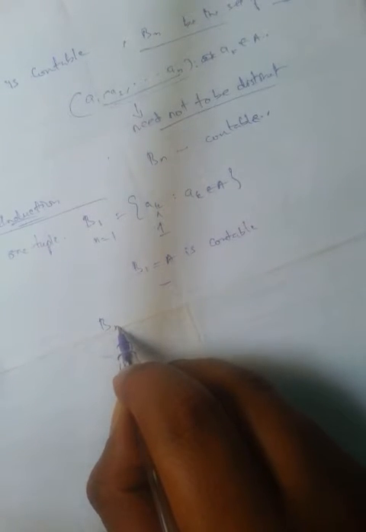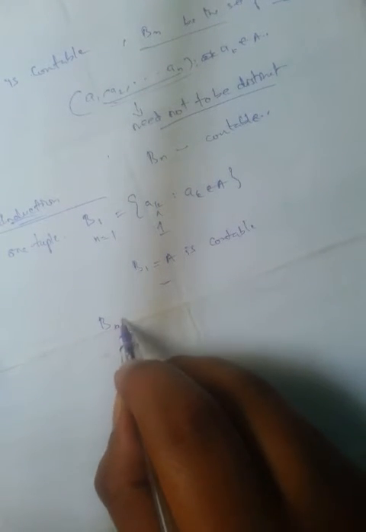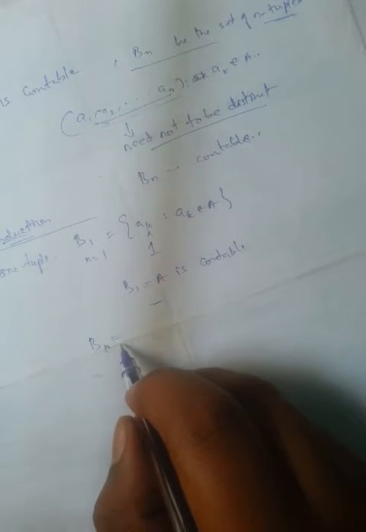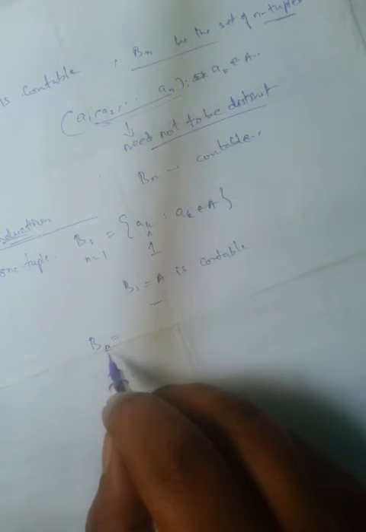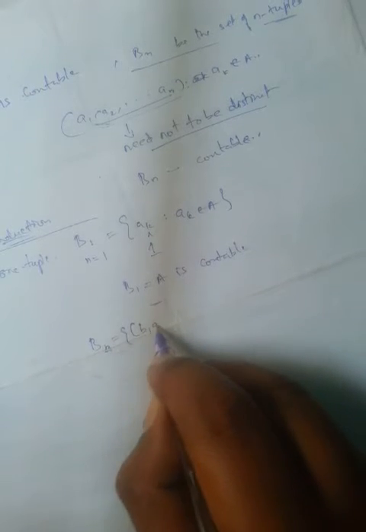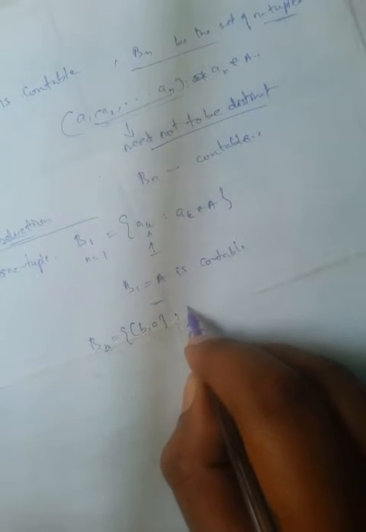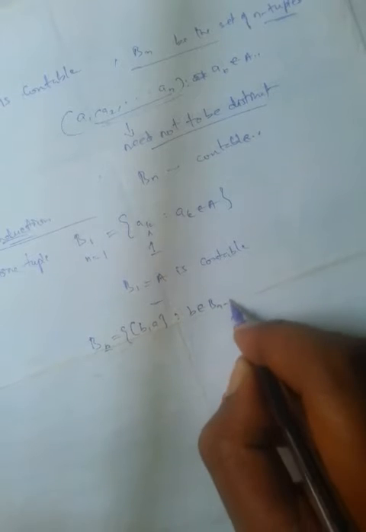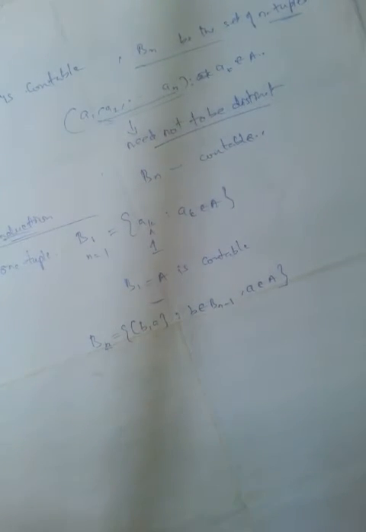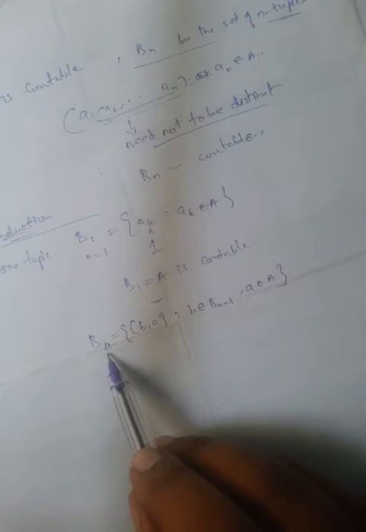Now, if I consider Bn, the pairs (b, a) such that b belongs to B_(n-1) and a belongs to A. This is how we define the set.